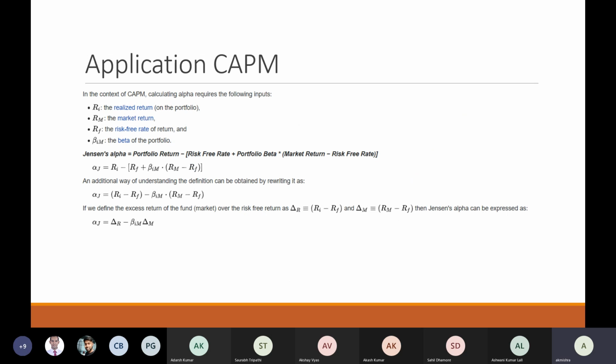So there are various applications, as I said, like Jensen alpha. So what is Jensen alpha? If you remember, Jensen alpha is basically the portfolio return minus the expected portfolio return, and this expected portfolio return is coming from the CAPM model.